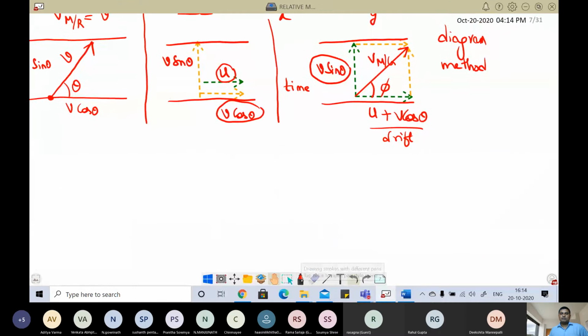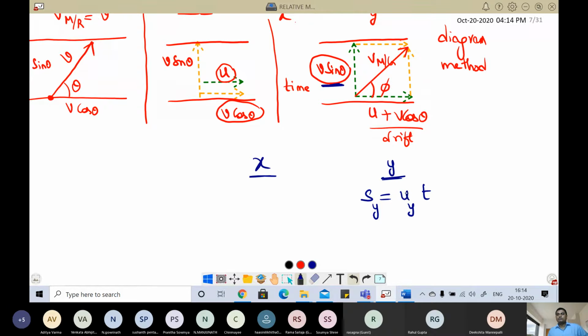So let us say this is x direction, and this is y direction. Now in y direction we have the equation s is equal to u into t, displacement in y and initial velocity in y, a constant velocity. What is this y? This one, v sin theta.